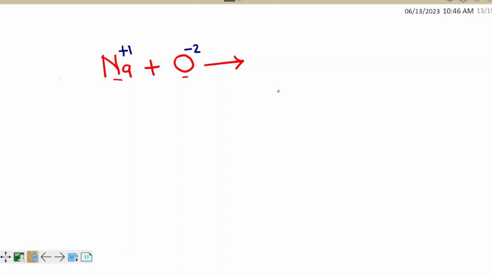So this is what is going to happen now. You're going to have sodium, which are 2, and oxygen, which is 1, because sodium can only donate 1 electron, but oxygen needed 2 electrons. So it's like oxygen needed another sodium. Then these 2 sodium will react with that oxygen to form Na2O.